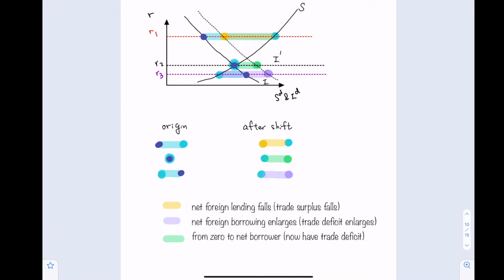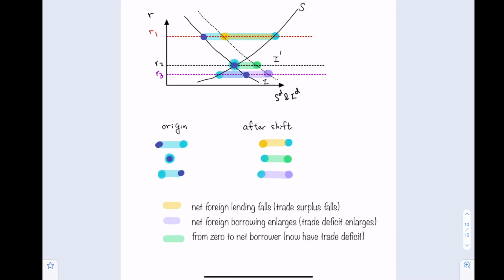So in conclusion, if the economy used to be a foreign lender, then due to this shock, its foreign lending size falls, which implies that its trade surplus should also fall. For the economy that used to have the foreign borrowing position, its foreign borrowing size should enlarge, which means that its trade deficit should enlarge.